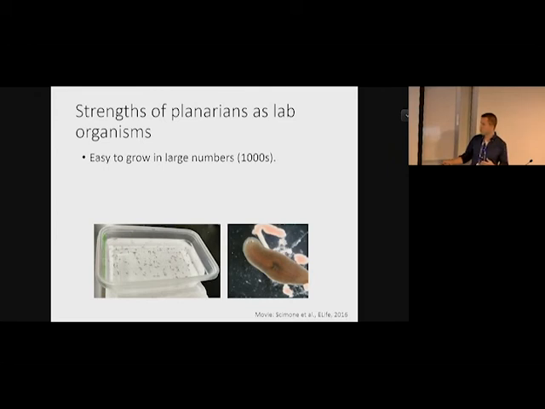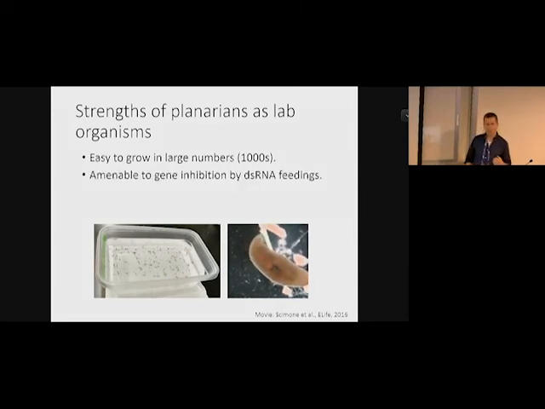Other advantages for using this model is that they're easy to grow. You can grow them in simple plastic boxes in the hundreds and even the thousands. So a lab can have an operation where it has tens of thousands of animals for experiments. They're amenable for gene function study by feeding them with double-stranded RNA. So that's very simple.